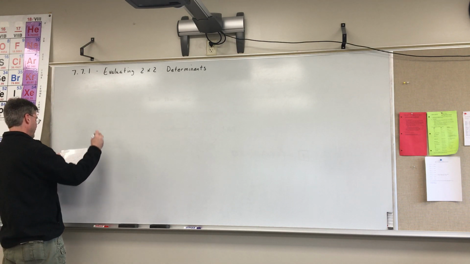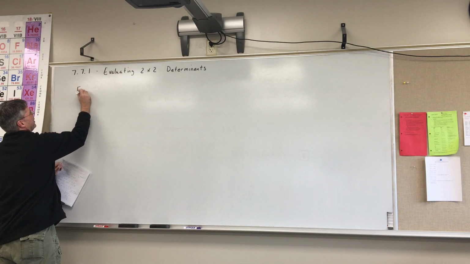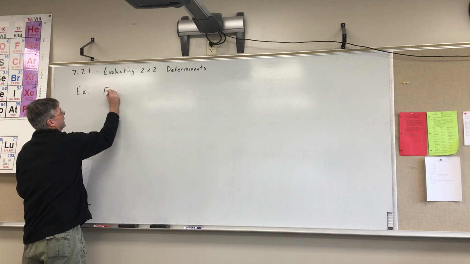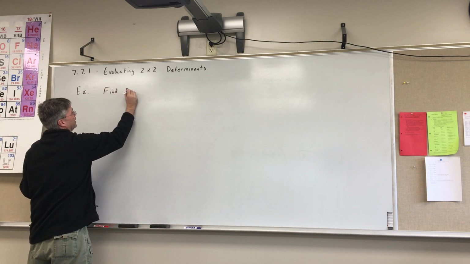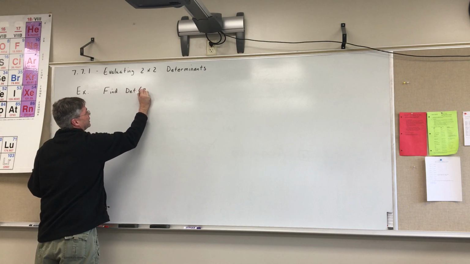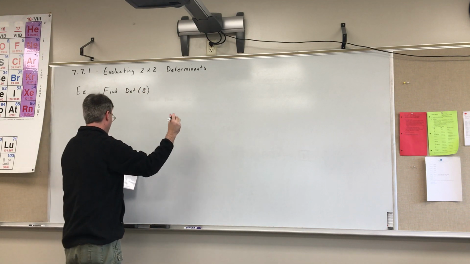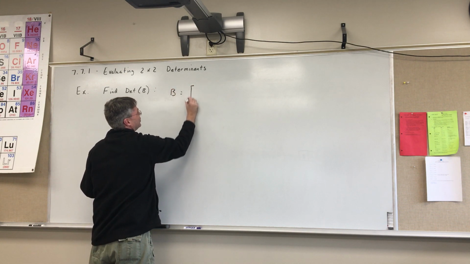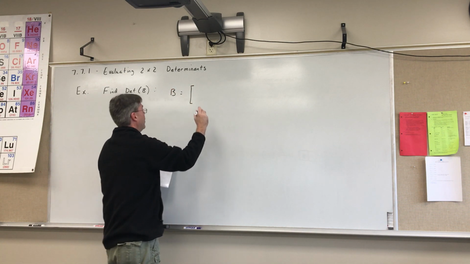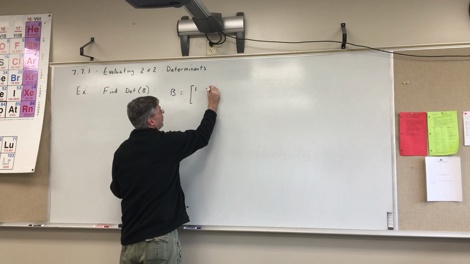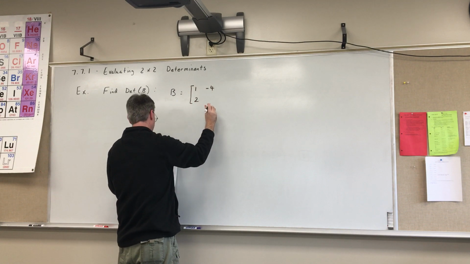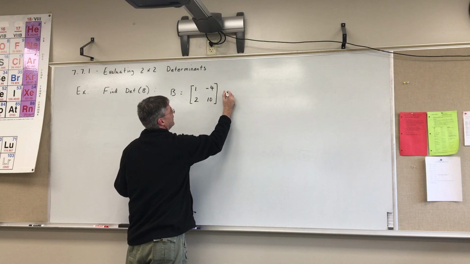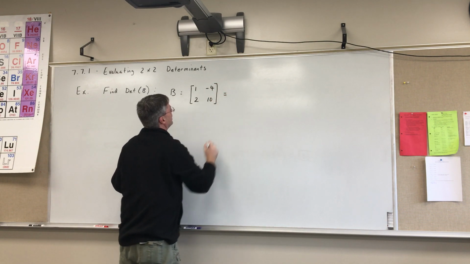Okay, let's do another example of a 2 by 2 matrix. So we want to find the determinant of matrix B, where B is equal to 1, -4, 2, 10. So I'm not going to draw the arrows this time.